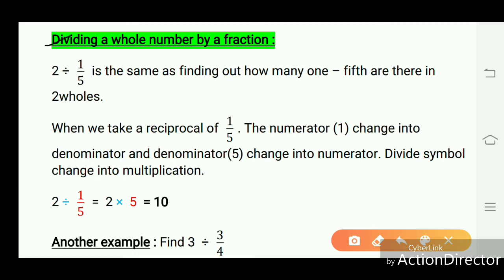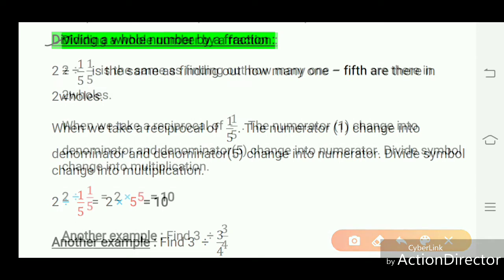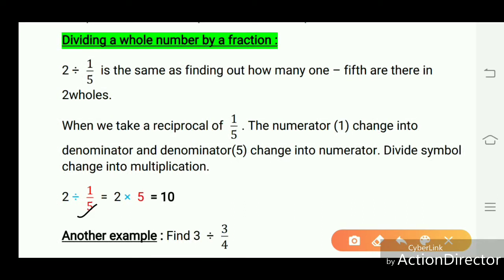Dividing a whole number by a fraction. 2 divided by 1 upon 5 is the same as finding out how many 1/5 are there in 2 wholes. When we take the reciprocal of 1 upon 5, the numerator 1 changes into the denominator and the denominator 5 changes into the numerator, and the divide symbol changes into multiplication. 2 divided by 1 upon 5 equals 2 into 5.